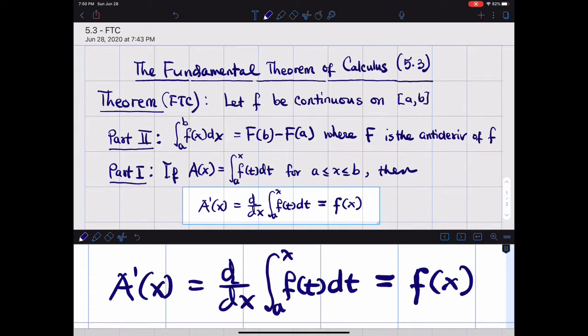So the derivative of A of x is just equal to f of x.